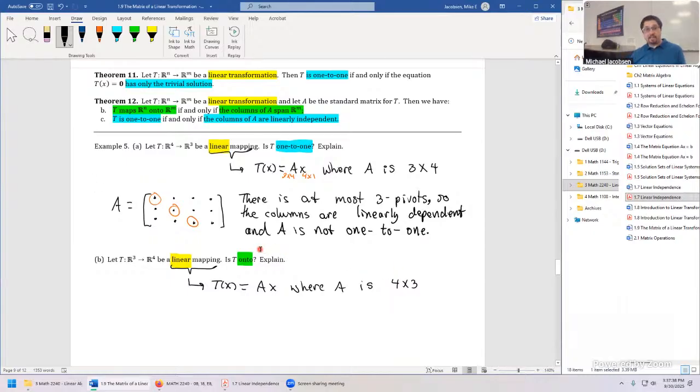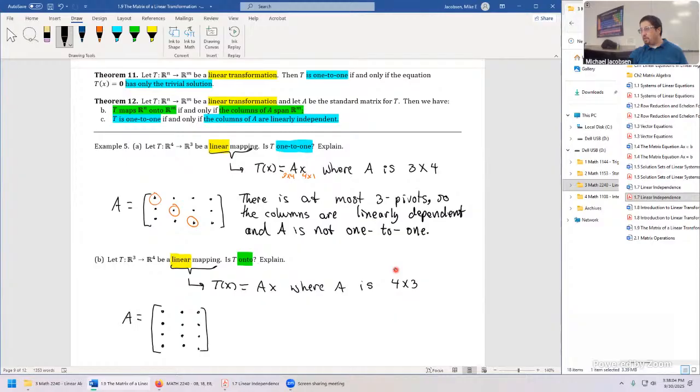Recall onto is going to say the standard matrix A, the one we just put down, spans R4. Well, let's write down the 4 by 3 matrix. It would look like this. We don't know the entries, but we know the size of the matrix, and this is the schematic for putting down entries. 4 rows, 3 columns.